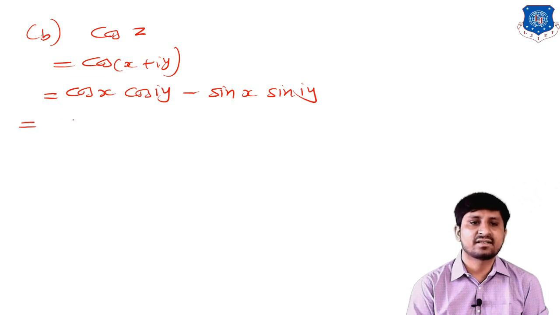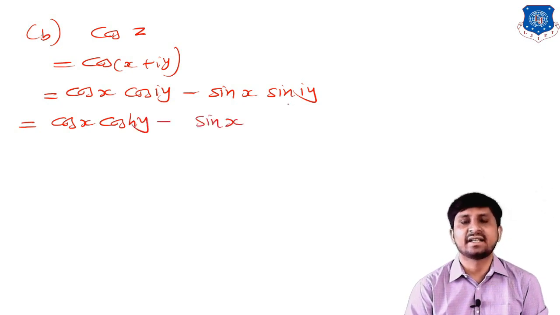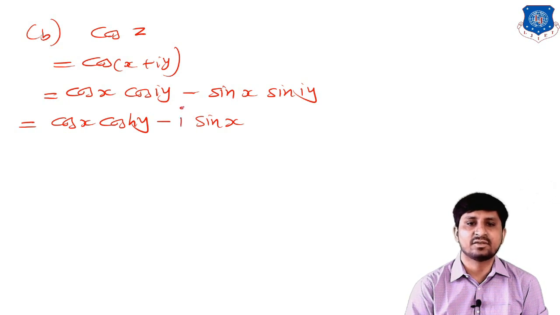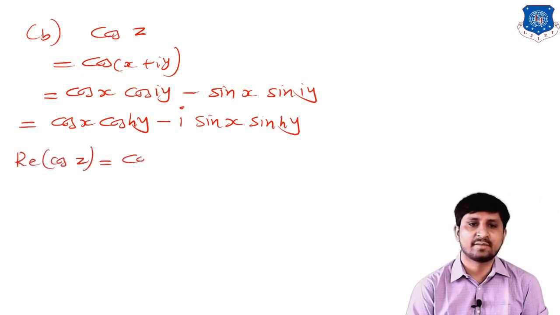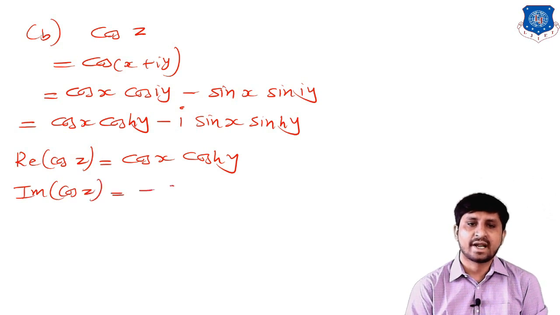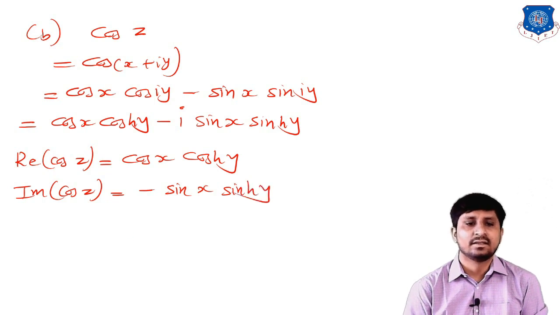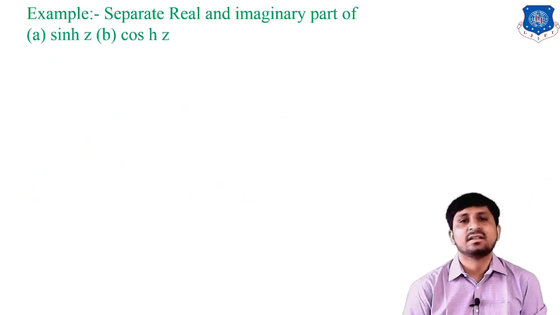Cos iy can be written as cos hyperbolic y, and sin iy is i sin hyperbolic y. So real part of cos z is cos x cos hyperbolic y, and imaginary part of cos z is minus sin x sin hyperbolic y. Clear?